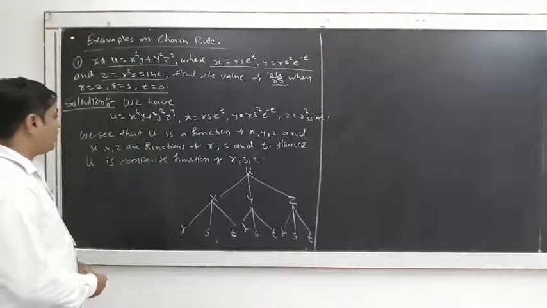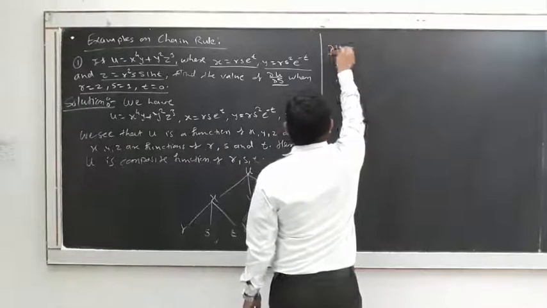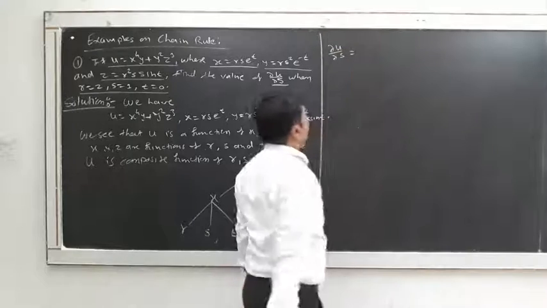Now what we have to take? We have to write del u by del s by the chain rule.